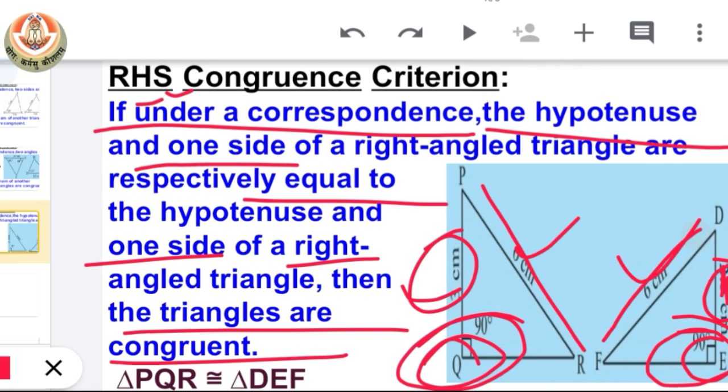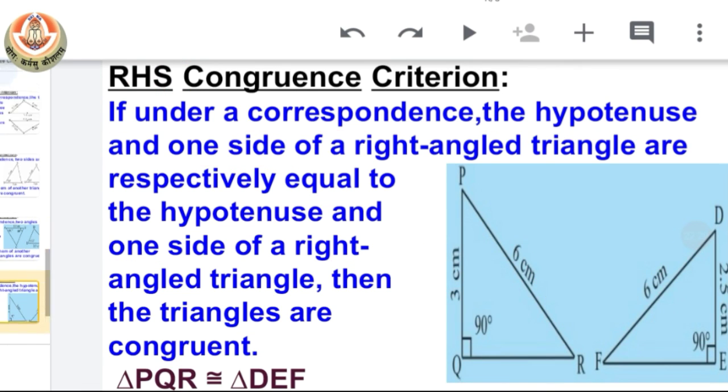That means the hypotenuse should be the same, they should have a right angle, and any one side should be of equal length. Then we can say that the triangles are congruent under RHS criteria.